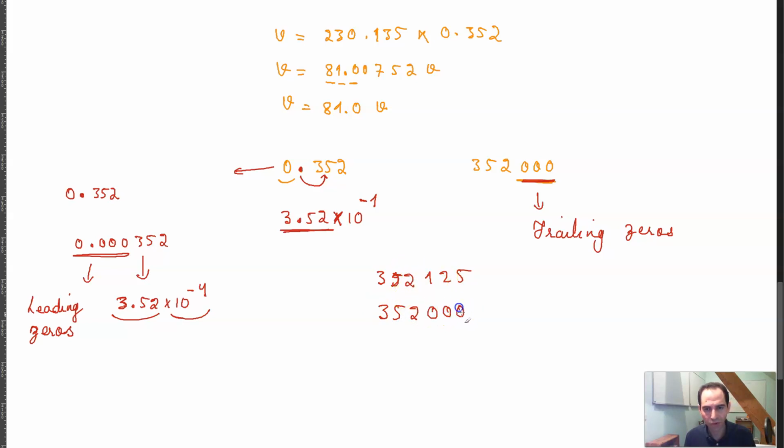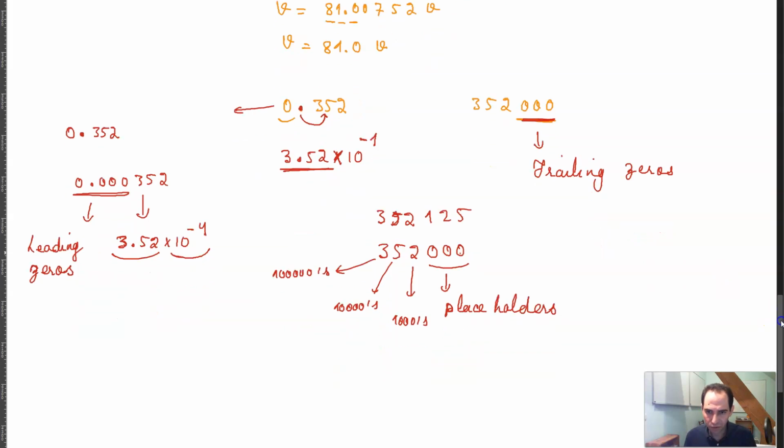You would have only zeros over here, and now these zeros serve only as placeholders, to tell you that this is the ones place, the tens place, the hundreds place, the thousands place, the 10,000s place, and the 100,000s place.